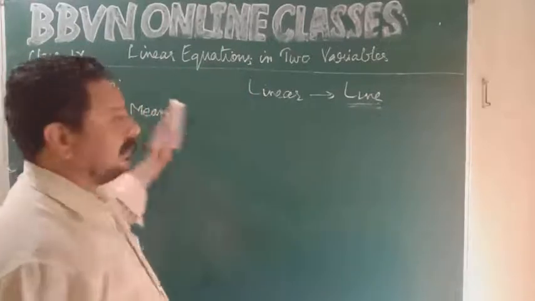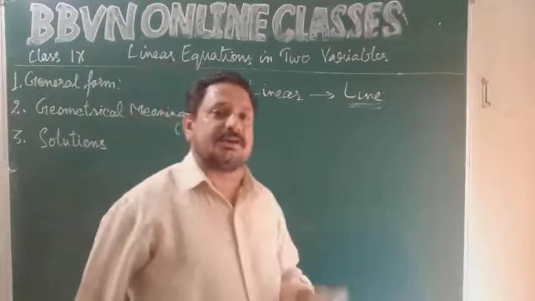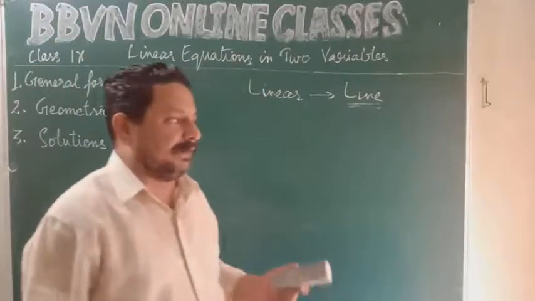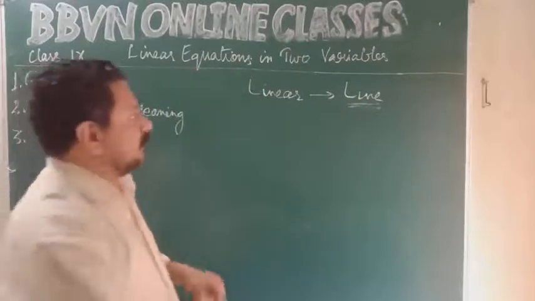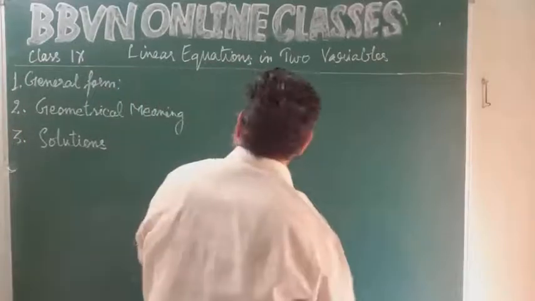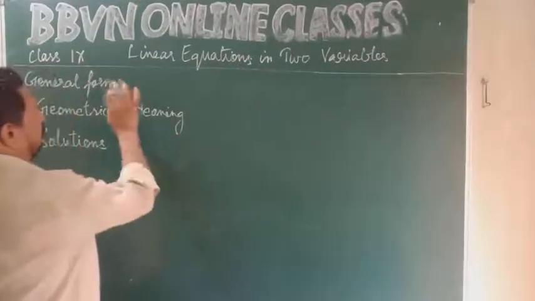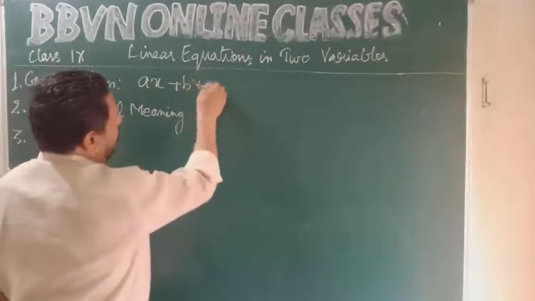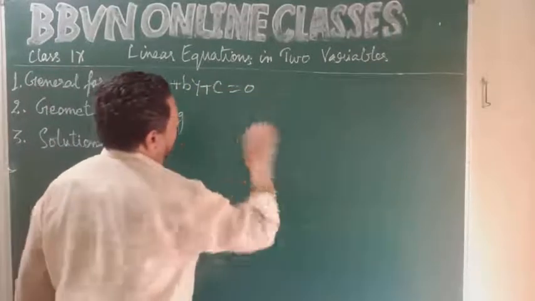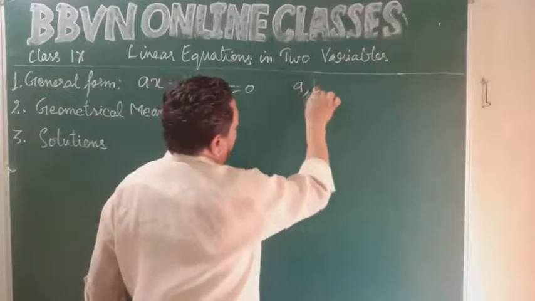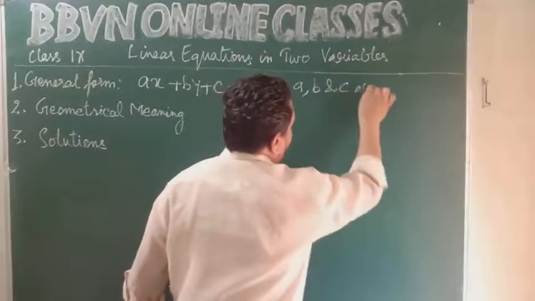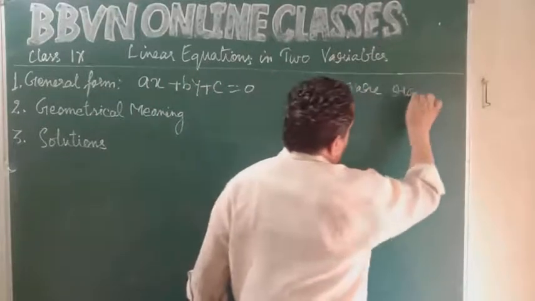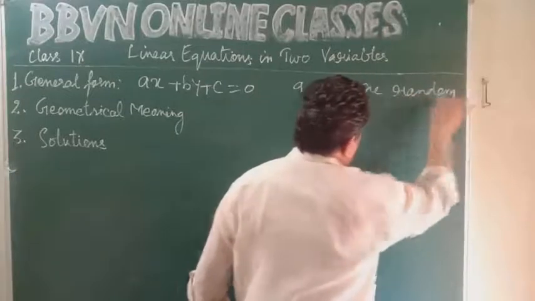What is the general form of a linear equation in two variables? I have two variables x and y. So the general form of a linear equation in two variables is ax + by + c = 0, where a, b and c are any random constants.